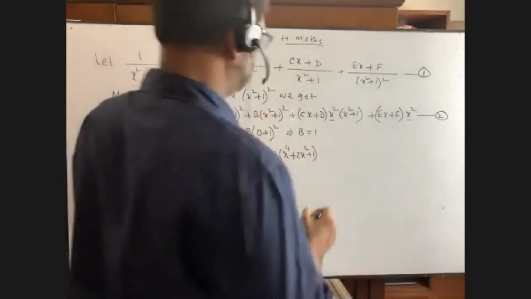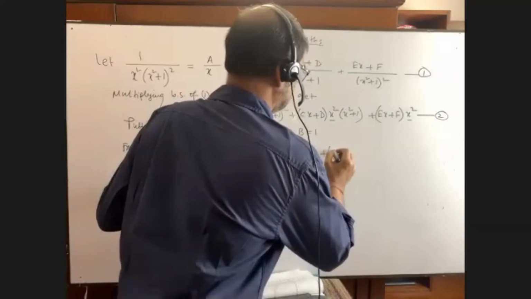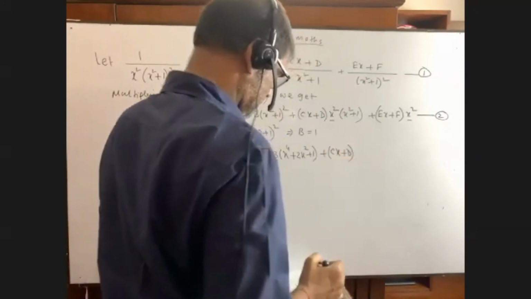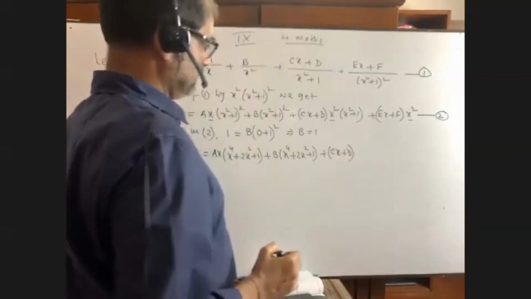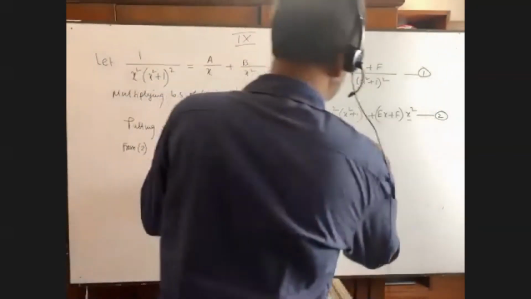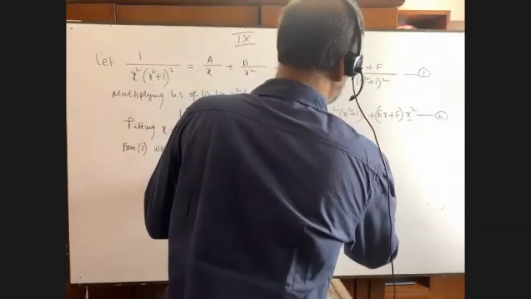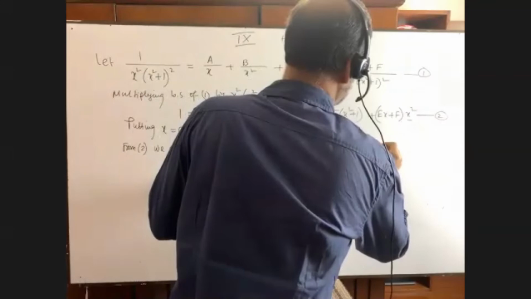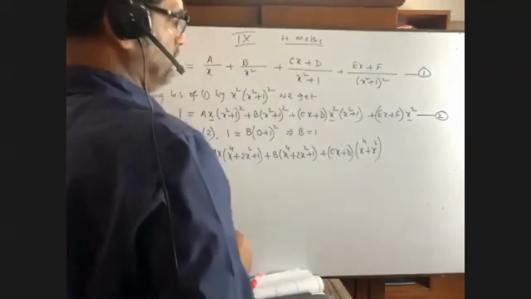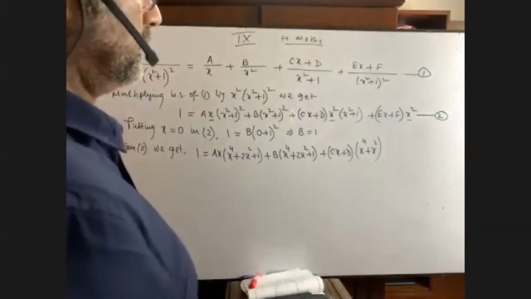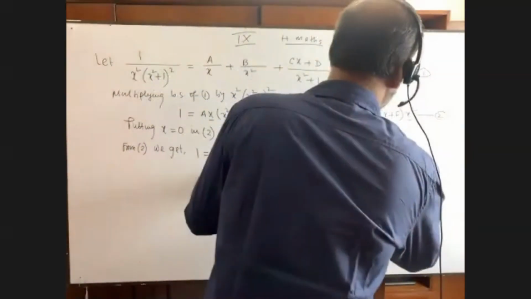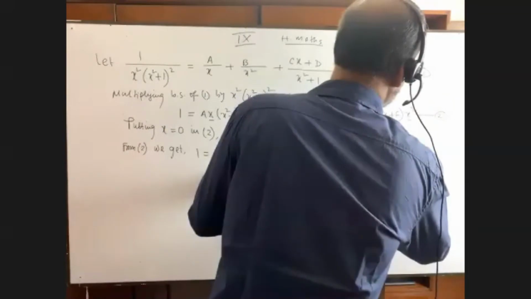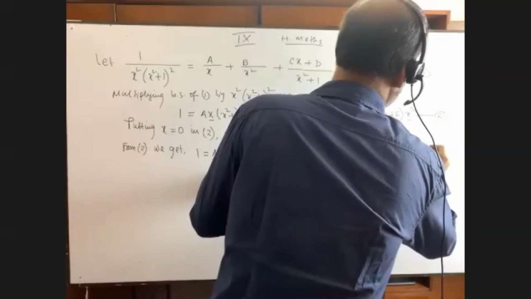Here we get cx plus d into x to the power 4 plus x square. And here we get ex cube plus fx square.